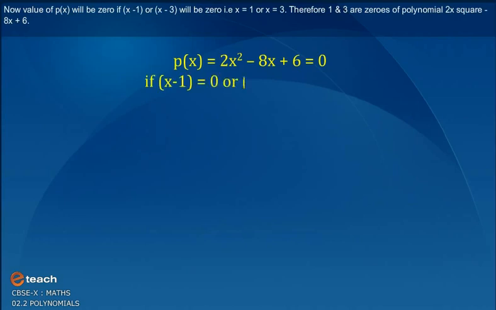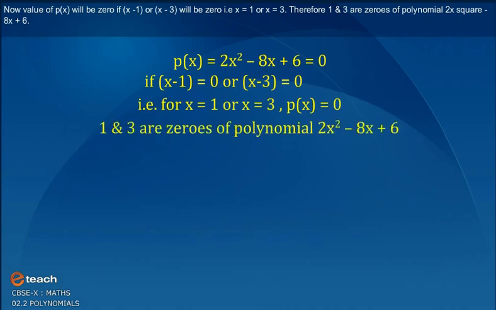Now the value of P of x will be 0 if x minus 1 or x minus 3 will be 0. That is, x is equal to 1 or x is equal to 3. Therefore, 1 and 3 are zeros of polynomial 2x square minus 8x plus 6.